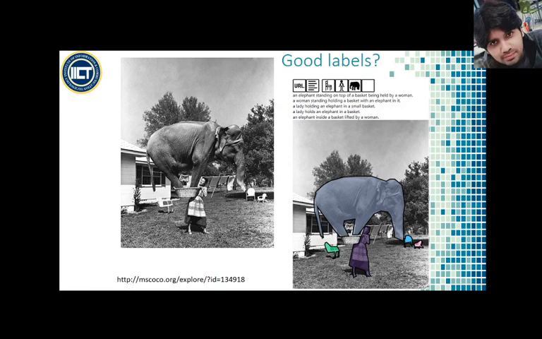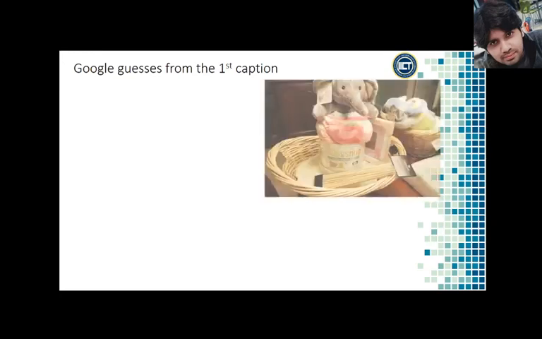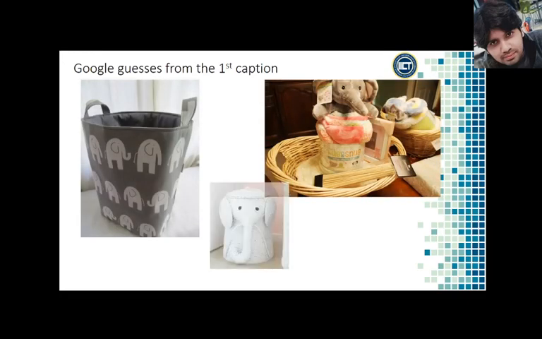Let's see what Google returns when searching with the first caption, an elephant standing on top of a basket being held by a woman. Google returns these results, this one, this one, and this one. So you can understand how good the caption or the label was.